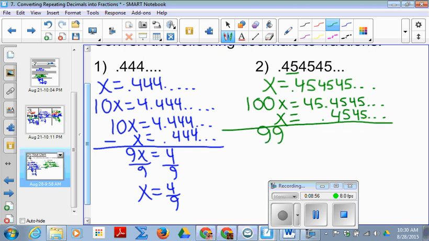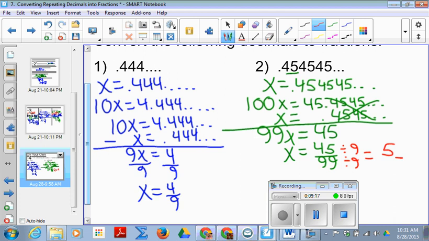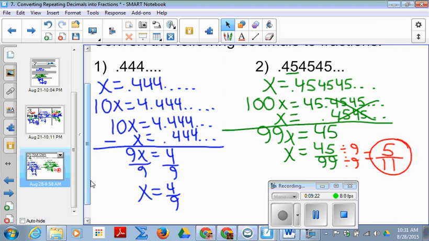Then we're left with 99x equals, and that's all gone, 45. So x equals 45 over 99. Fractions always belong in lowest terms, so we can divide both parts of this fraction by 9 to leave us with 5/11. There's our final answer. Again, I guarantee you in the calculator, 5 divided by 11 equals our original repeating decimal. This concludes tonight's lesson.